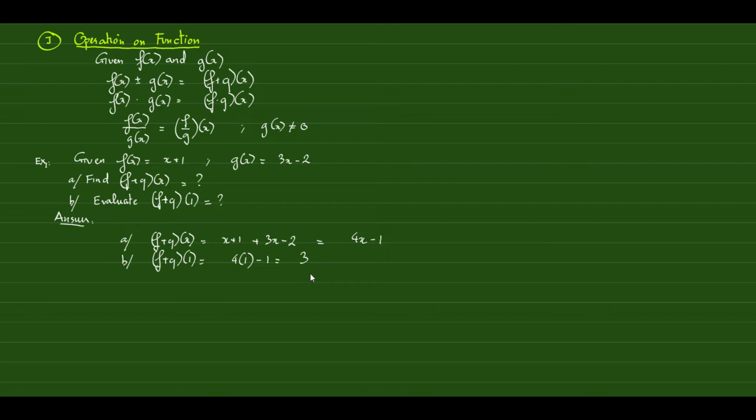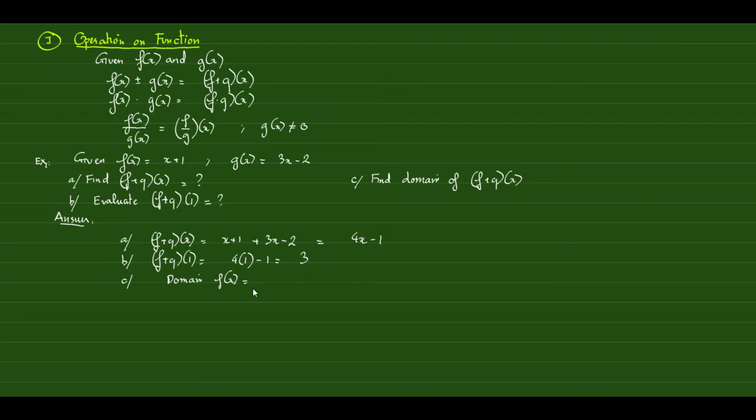Now, what if for part C they ask you to find the domain of the function sum? This one is a little bit tougher, depending on what function you add or subtract. If you notice, we know that the domain of f of x is a line.